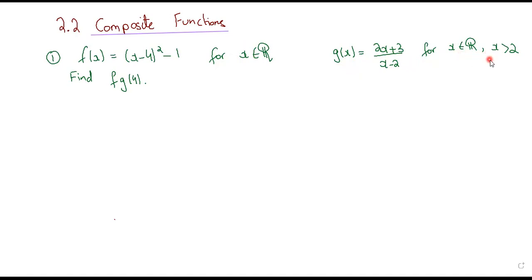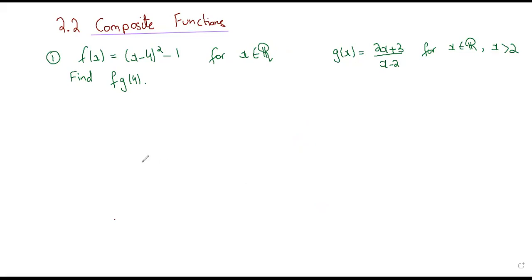So we do not have any real number that is less than 2. We only have real numbers which are greater than 2. So you need to understand these types of things, but you would be able to, right? So we have two functions, and again, the question is about finding the composite function. Okay, let's see how to do this then.